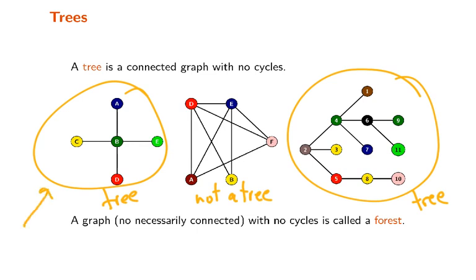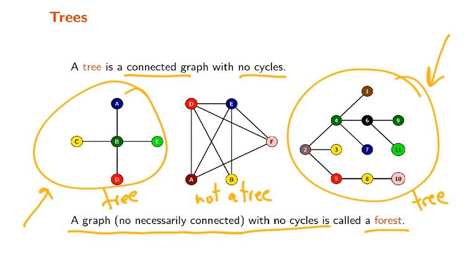Also, both of these graphs are connected, right? So that's the condition. It has to be a connected graph and have no cycle. So because of that, these two are going to be trees. The connection condition, actually, if we drop that condition, we have this other definition here. A graph not necessarily connected with no cycles is going to be called a forest.